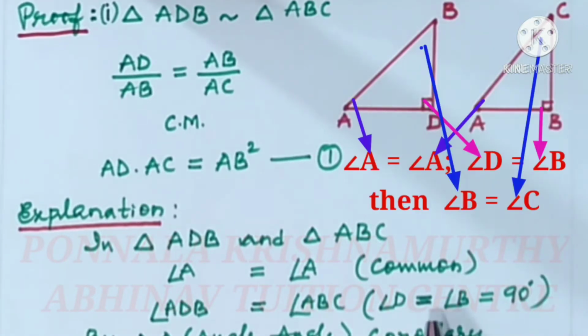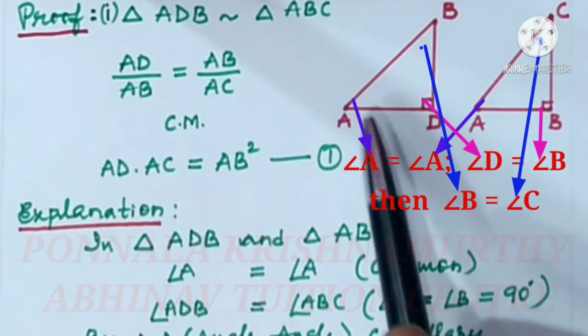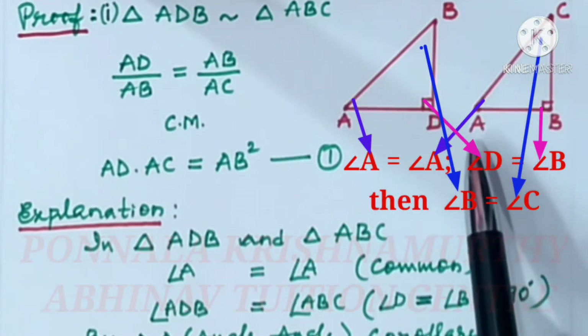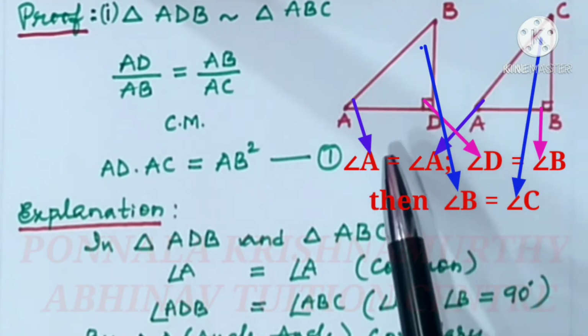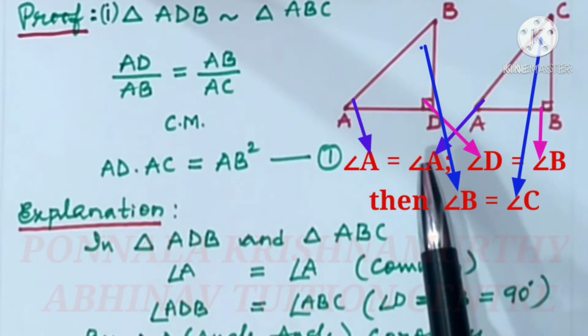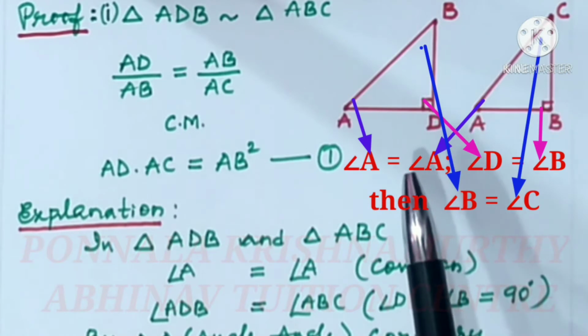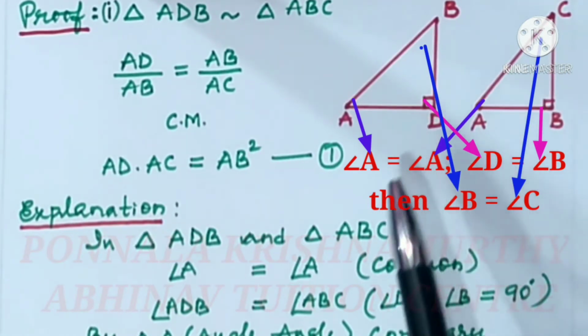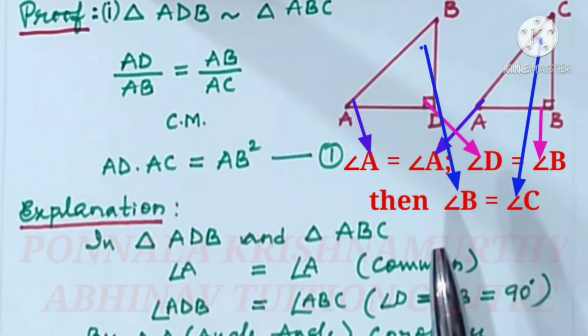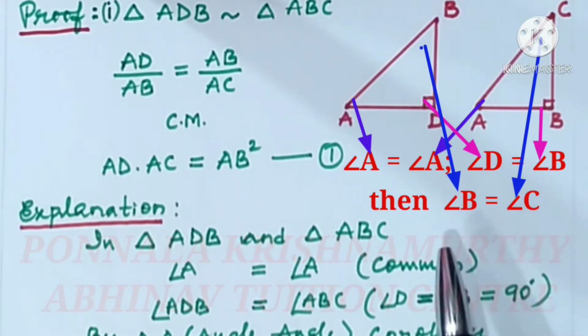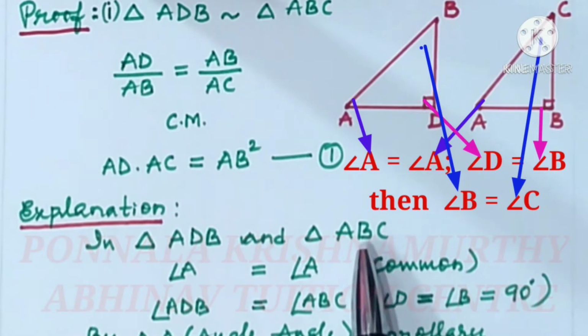When two angles of one triangle are equal to two angles of the other triangle, then the third angle of the first triangle is equal to the third angle of the second triangle. Therefore, these two triangles, triangle ADB and triangle ABC, are similar by AA corollary.